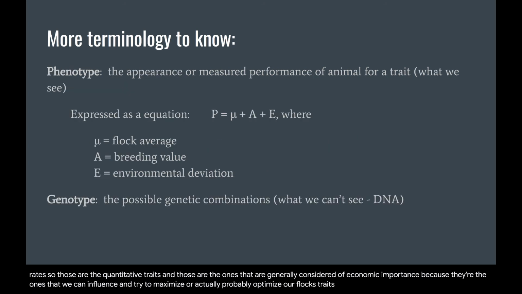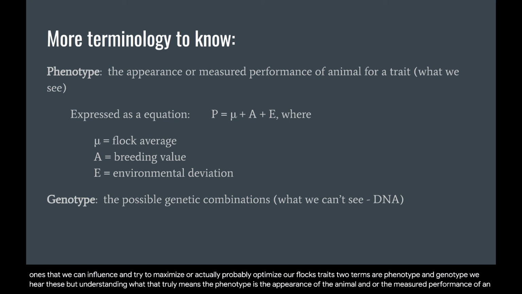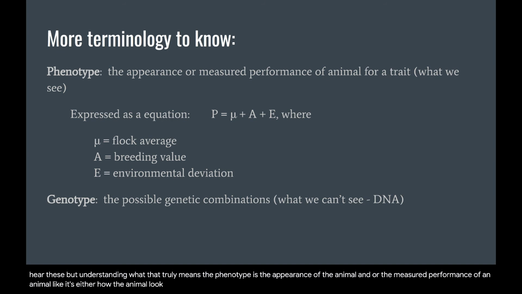The next two terms are phenotype and genotype. We hear these, but it's important to understand what they truly mean. The phenotype is the appearance of the animal or the measured performance of an animal. Like it's either how the animal looks, or if we have lambs and we measure weaning weight, that's a phenotype. That's how it's expressed.